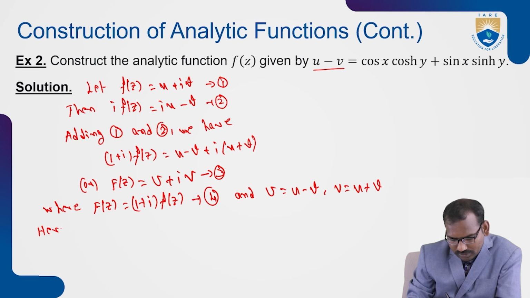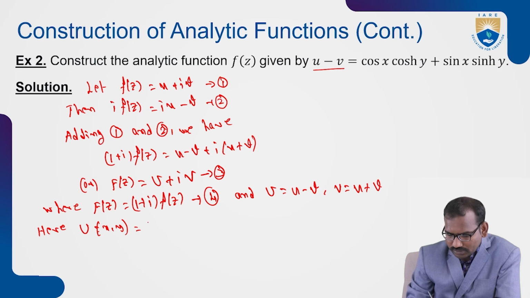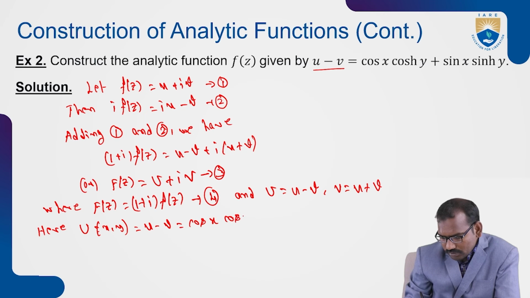Here, what is given to us? u minus v is given. That means capital U is given, which is a function of x, y, and it is given that u minus v is cosine x cos hyperbolic y plus sin x sin hyperbolic y.